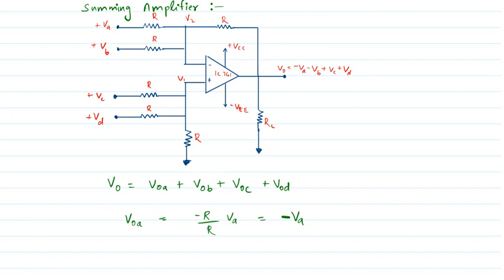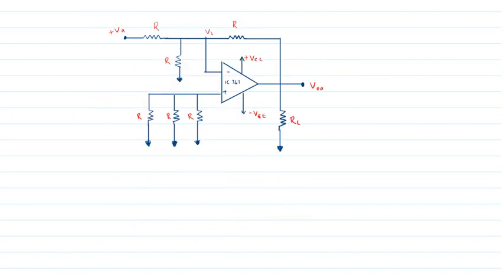And the particular circuit is given here. You can see that only the VA input voltage is given to the inverting terminal, and the other inputs are grounded, so there are no other input voltages. So the output voltage VOA depends only on the input VA.